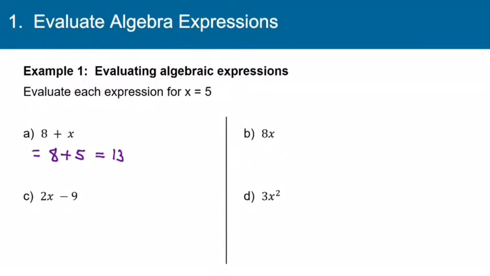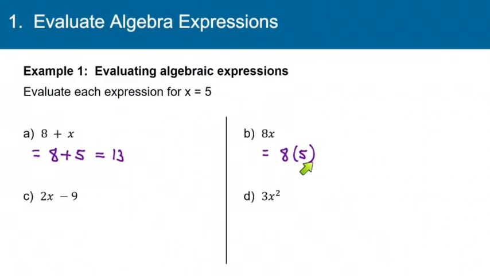Now you may have noticed before that whenever there's no symbol in between the two numbers, it stands for multiplication. So we could put a dot here, but traditionally we just don't. 8x means 8 times x. So this is going to become 8 times 5.